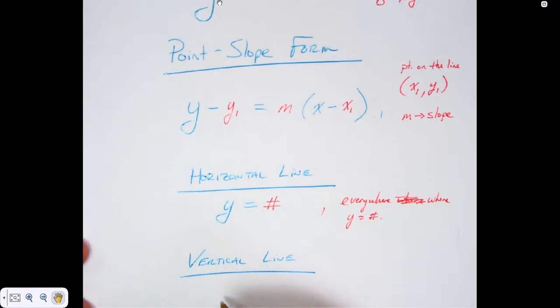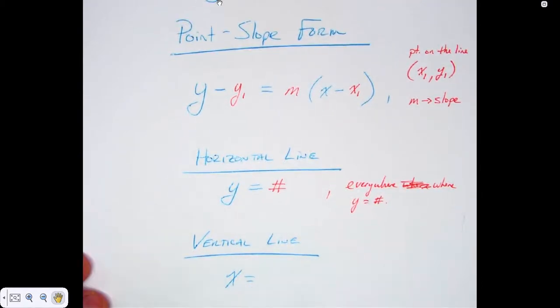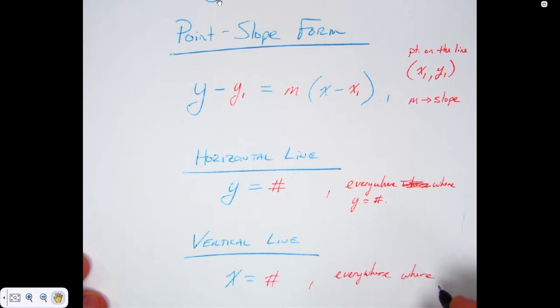A vertical line is always going to be in the form x equal to a number. And that's going to be everywhere where x is equal to that number.